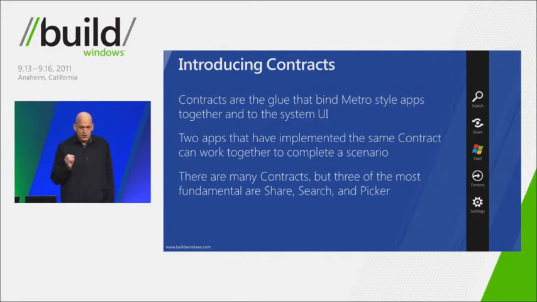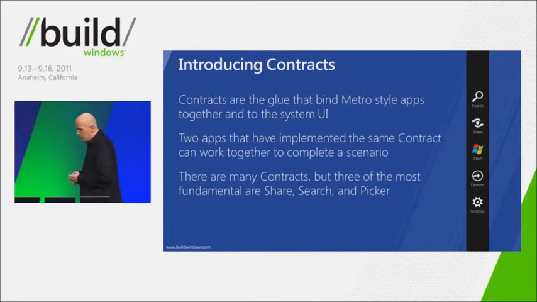Contracts are the glue that bind apps together. We talked about this web of apps and how we have a point of view that says that apps work together. I really think about this as two apps that you write and that you write can talk together without the two of you having even met in order to complete a scenario.